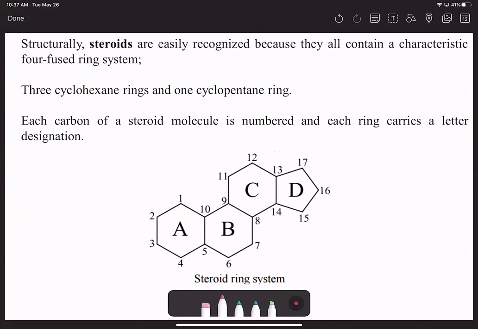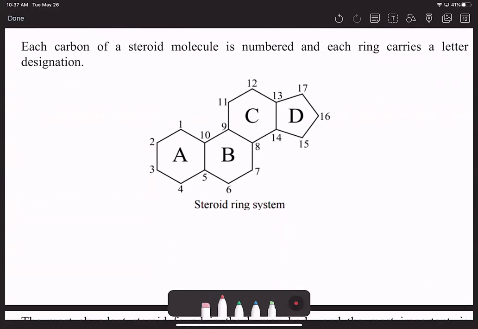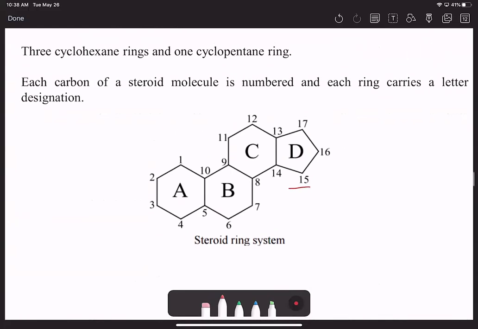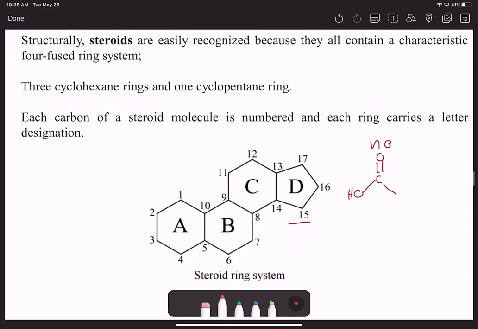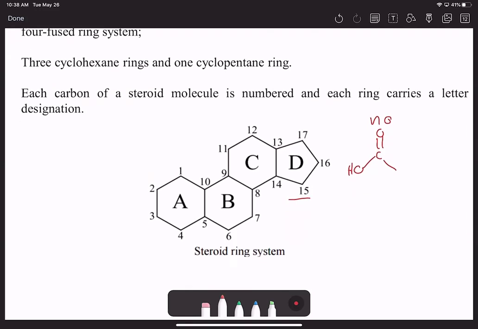So it's three cyclohexane rings, and then we get this one cyclopentane ring here. But it's a non-fatty acid because there is no carboxylic acid functional group. So this is what makes it a non-fatty acid lipid.